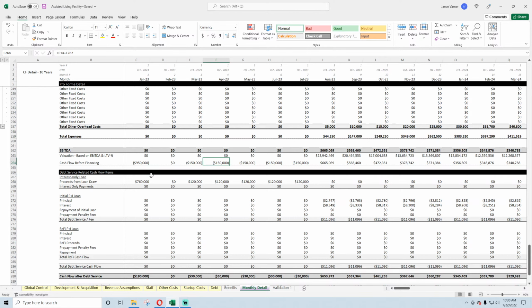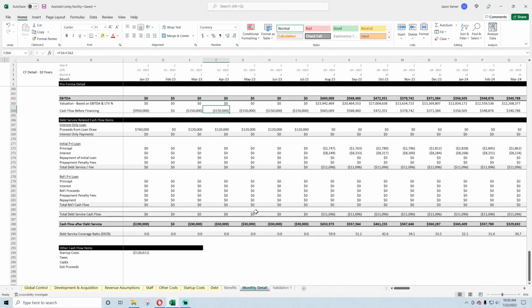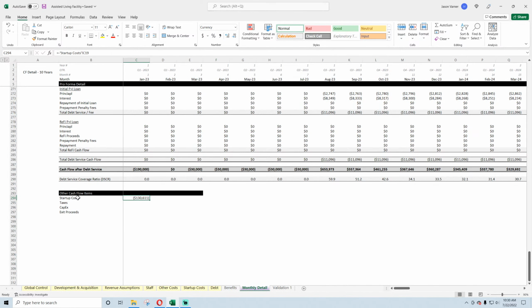We'll probably have to do the whole model, get a final output for distributable cash flow and contributions required, and use that as the basis for the waterfall, I'm assuming. We'll get more to that. Okay, so we got startup costs, all this stuff here, and then we got final cash flow, which will be cash flow after debt service, and then these will all come through as negatives, except for proceeds.